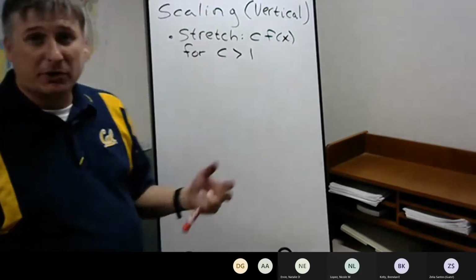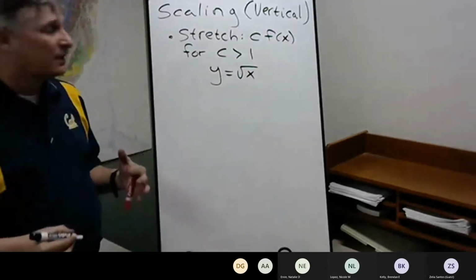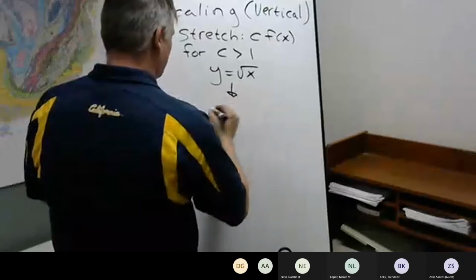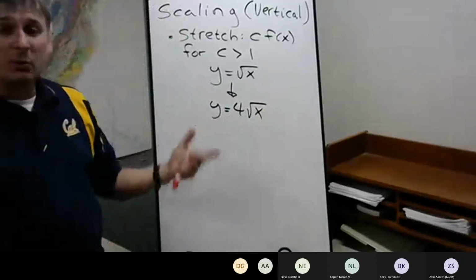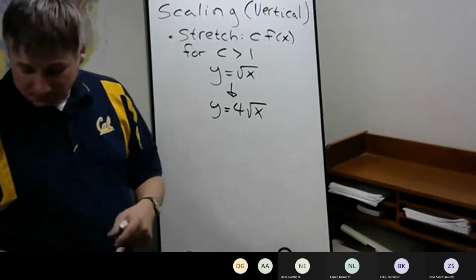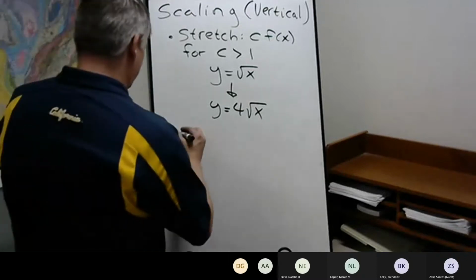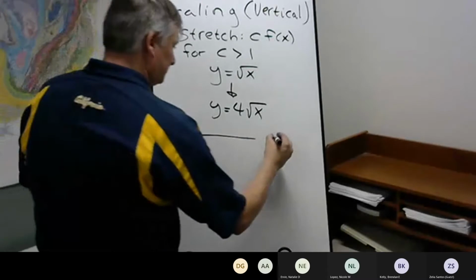So the test function we're going to use is y equals square root of x. And how we're going to stretch it, we're going to multiply by 4. So in this case, c is equal to 4. So what does this do? Well, take a look at y equals square root of x. You get 0, 1, 2.